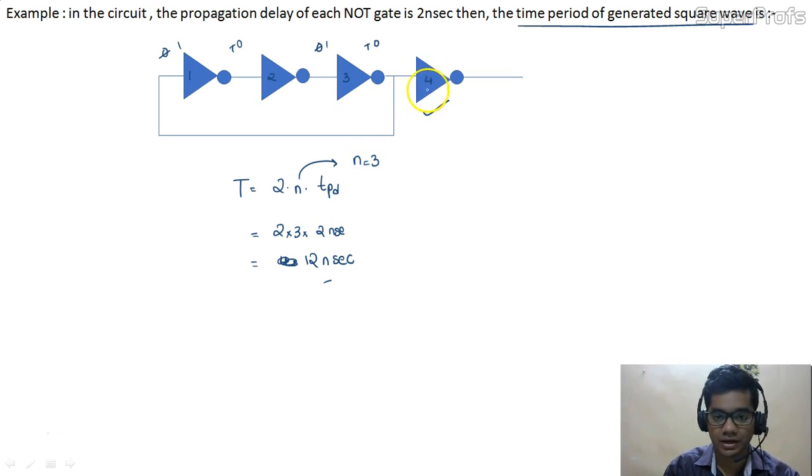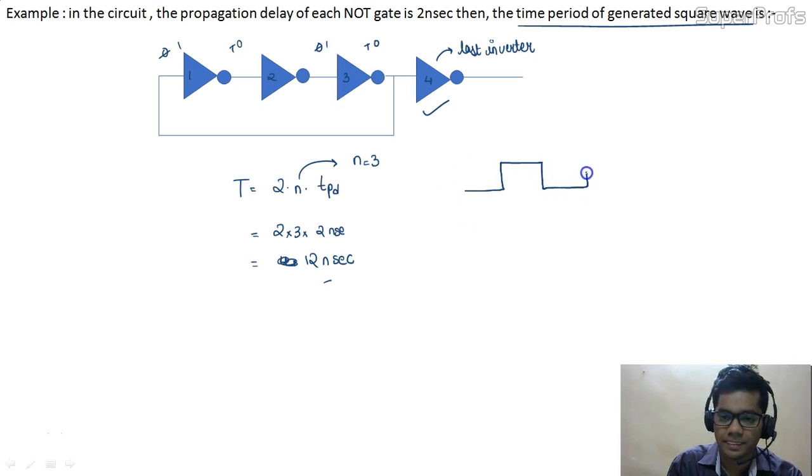The 4th NOT gate, or we can say the last inverter which is connected, is just used to make a delay of 2 nanoseconds in the generated clock pulse. What it means, students, see, we are able to generate a clock pulse like this. This is our clock pulse after this NOT gate.